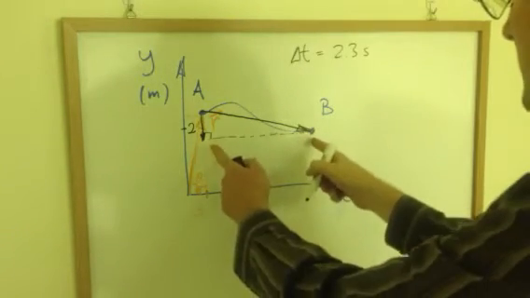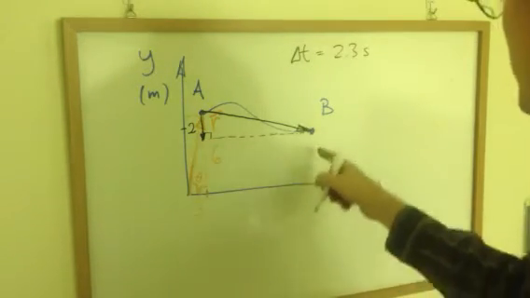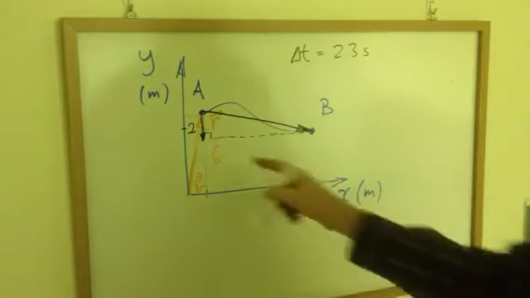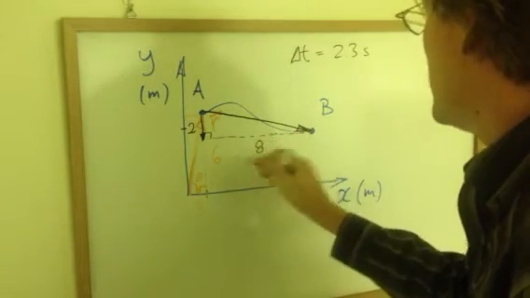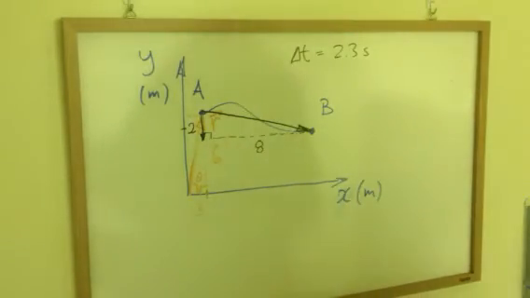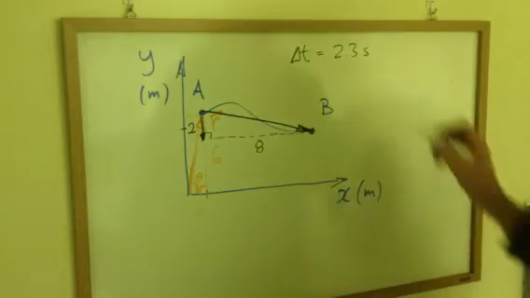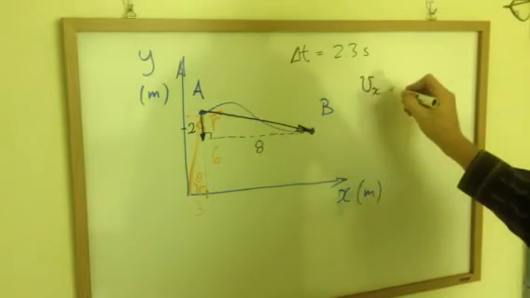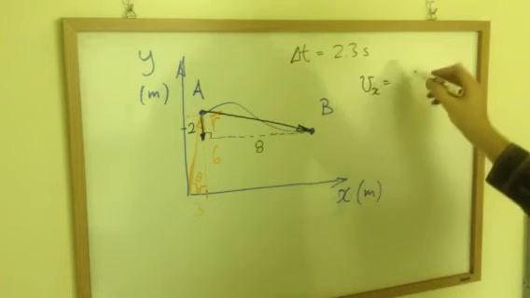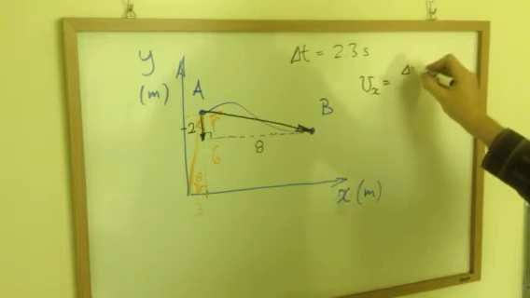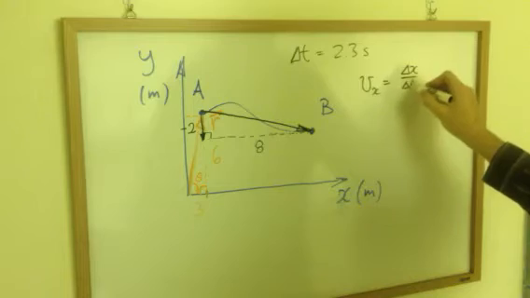If you take the difference between these coordinates, and let's say this is 8 units over, then the velocity in the x direction is going to be, definition of velocity is a change in position over change in time.